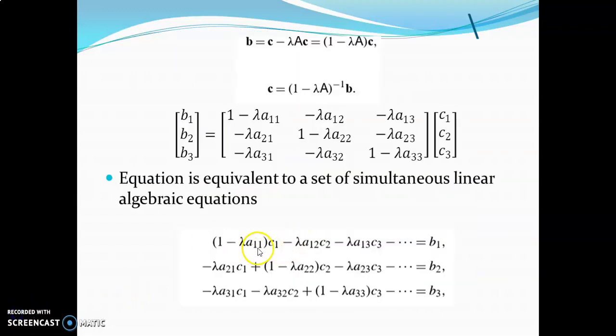So knowing A matrix, the components of A matrix A11, A12 and the components of B matrix, we can determine the components of C matrix, that is C1, C2 and C3. And knowing the values of Ci's, we can determine the solution using equation number 3.